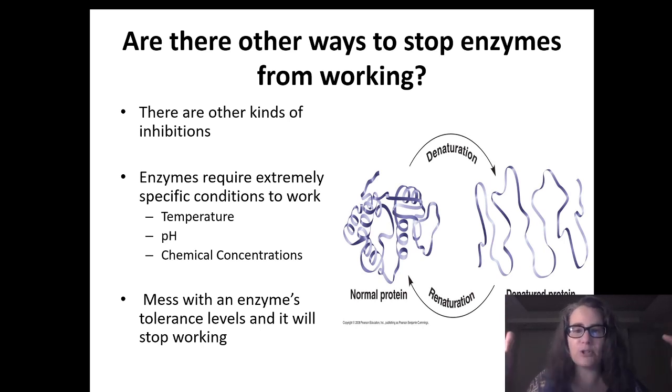So you get this spectrum of speeds for working your enzymes. Enzymes also require extremely specific conditions, like temperatures have to be just so, and pH and chemical concentrations. Otherwise, your enzymes can denature or fall apart like this picture is showing. Basically, the take home is if you mess with an enzyme's tolerance levels, it often will stop working altogether.